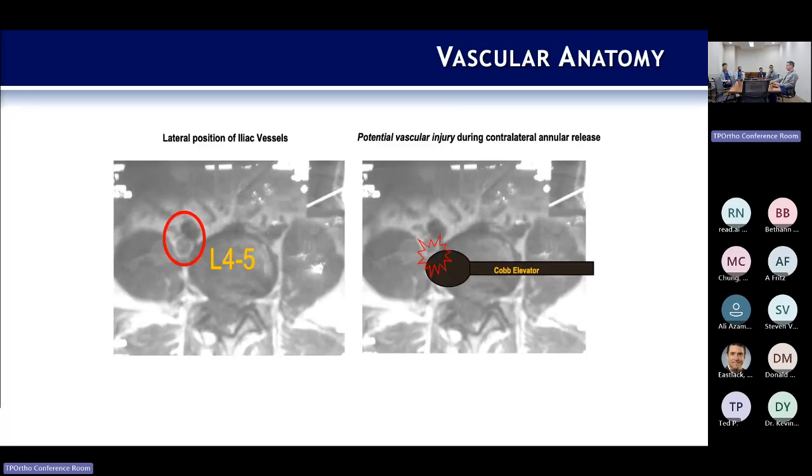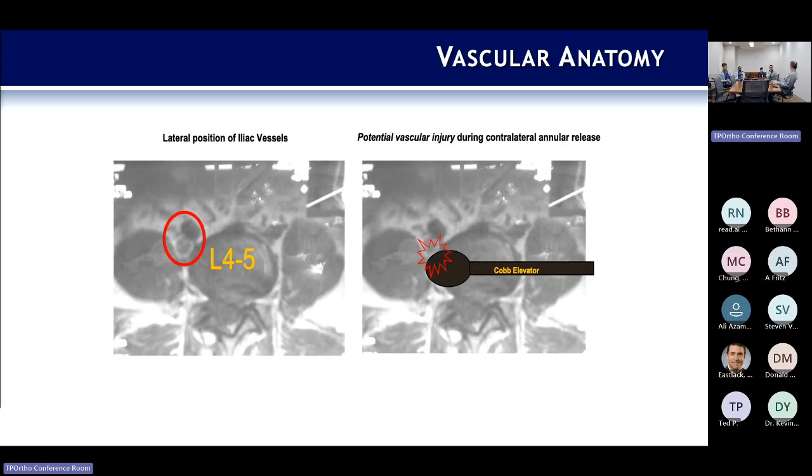Okay, so here's an example of an L4-5 that seemingly has a navigable psoas. But if you look at the contralateral side, there is potential for vascular issues given the location of those structures. You see us going across the contralateral side of the cord.